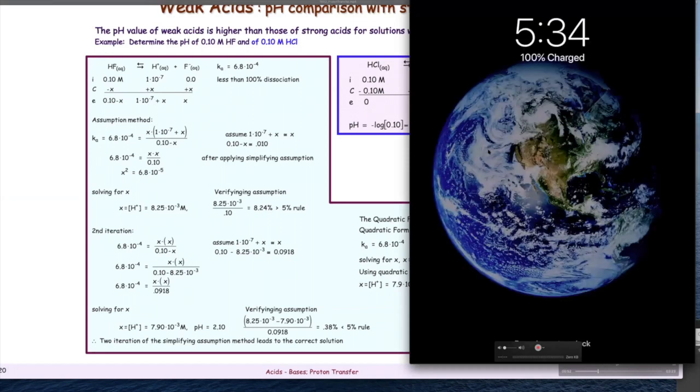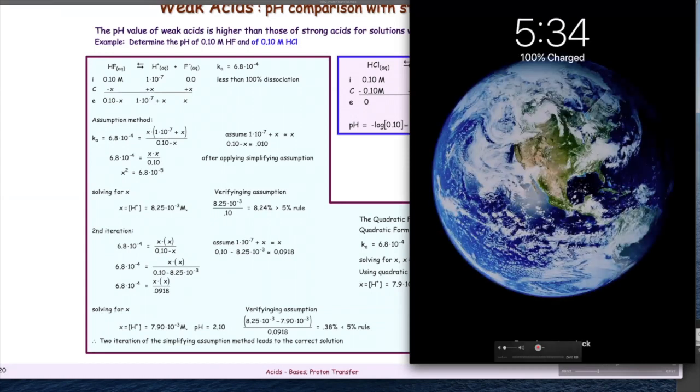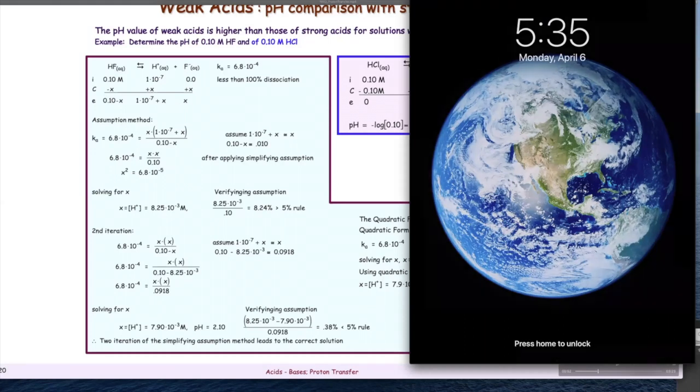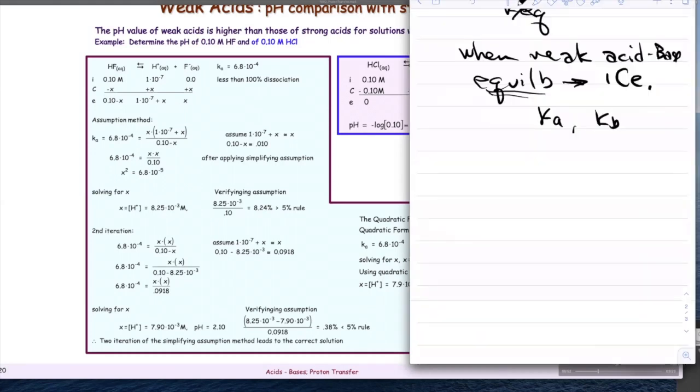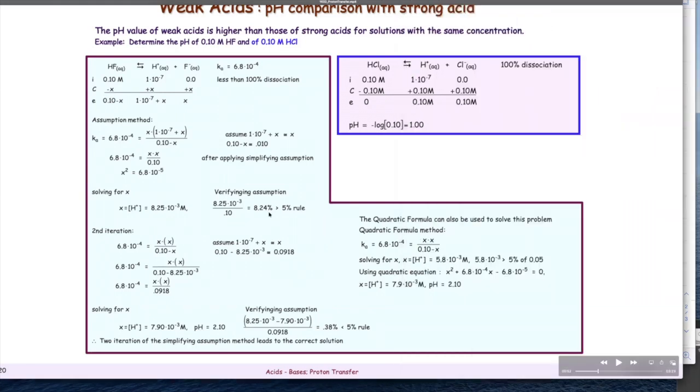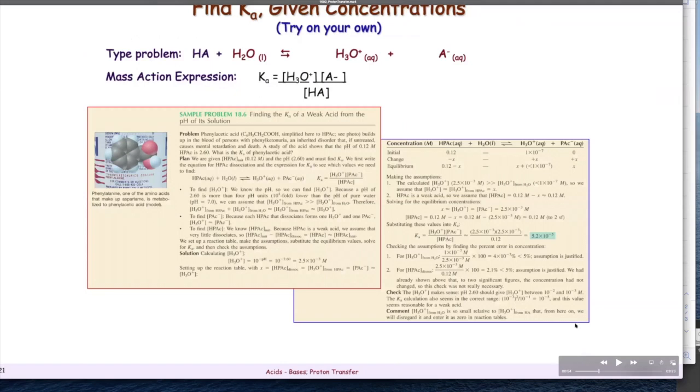My thing went to sleep, so wait that up real quick. So how do I know that I need to do a second iteration? Well, here you can see that the... sorry about that.